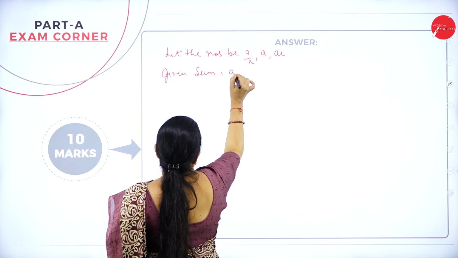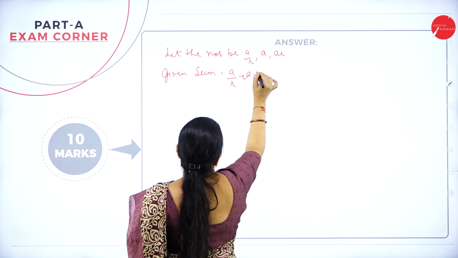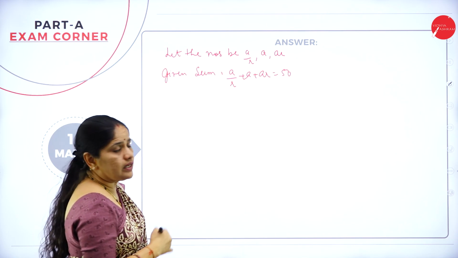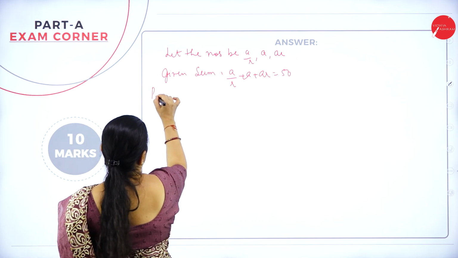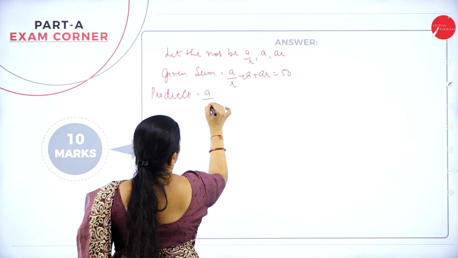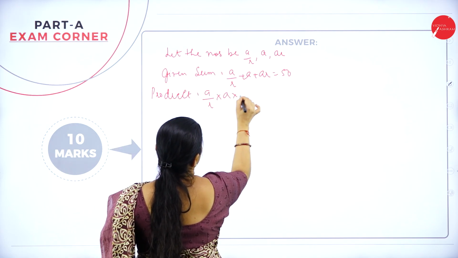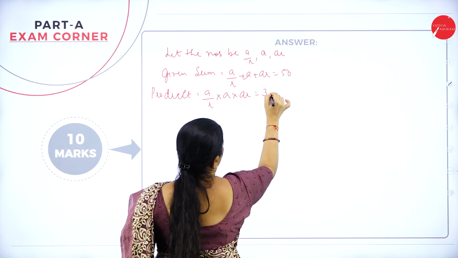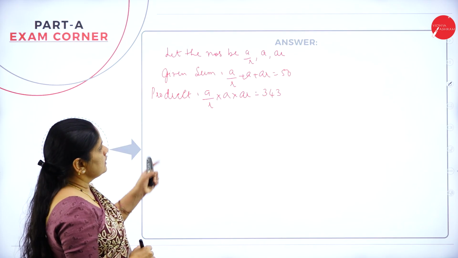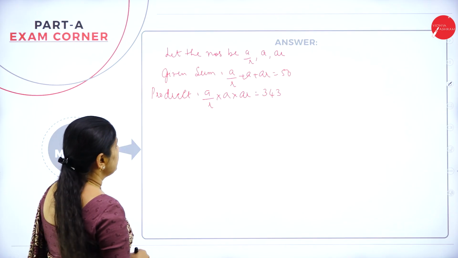Sum A by R plus A plus AR equals 50. Then they have also given us the product. Product equals A by R into A into R equals 343. So, the product is 343.